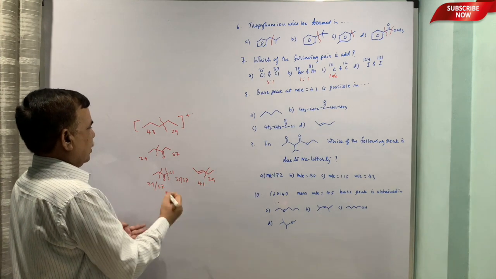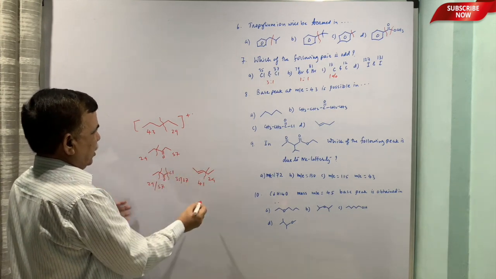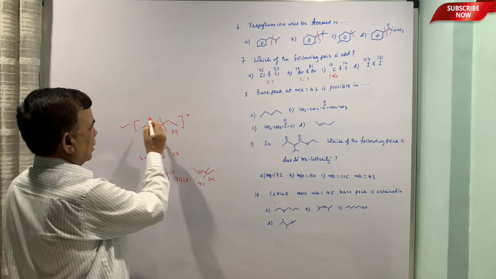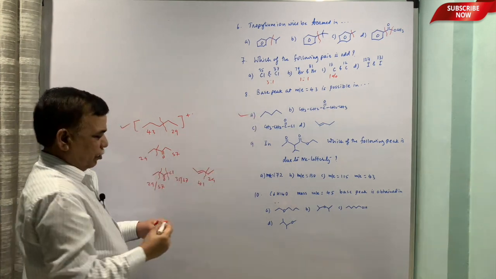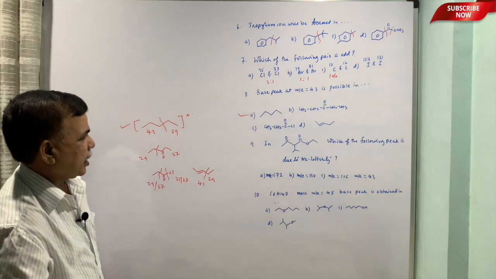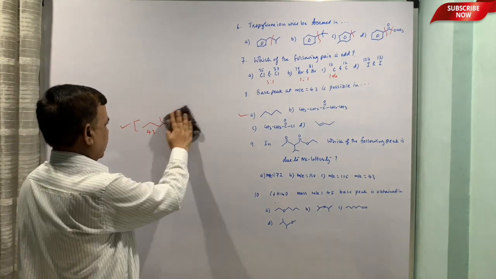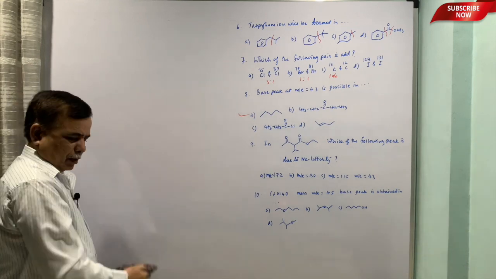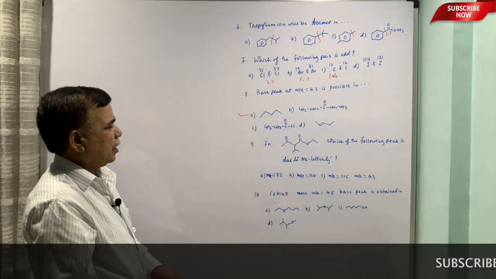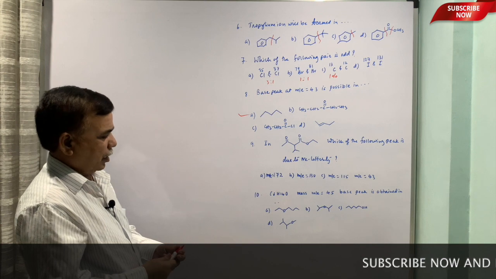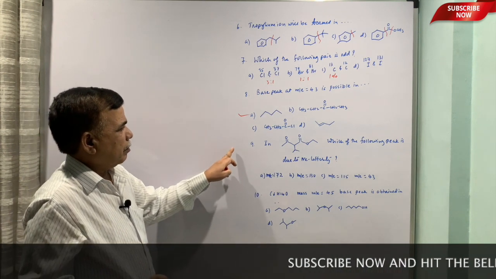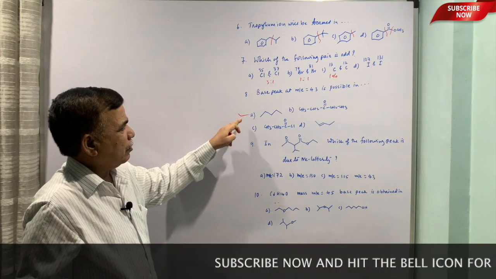So, anyway, none of these is giving 43. 43 is given by the first compound, n-pentane to be precise. The remaining molecules won't give that peak, they give some other peaks, but we have to explain only 43.